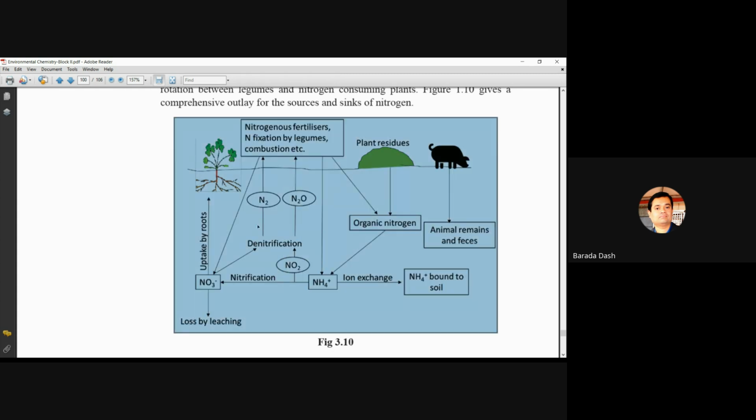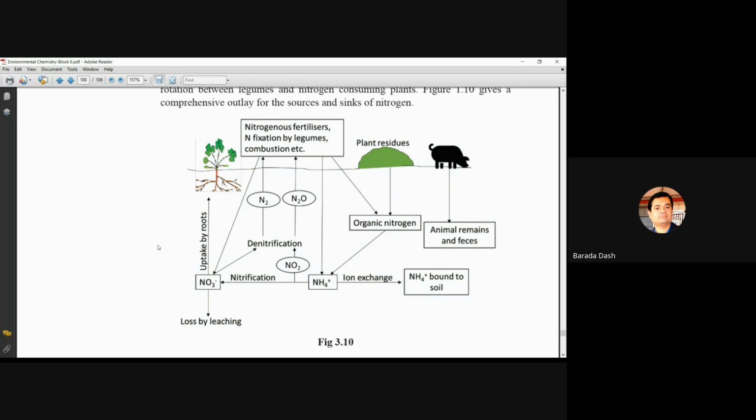So denitrification is a process where available nitrates, which can be directly taken up by plants, are converted to nitrogen gas.